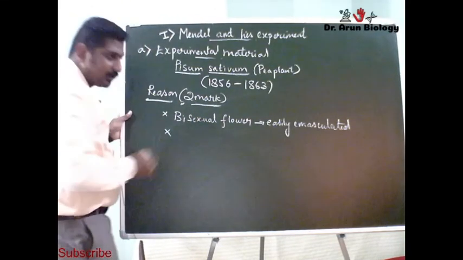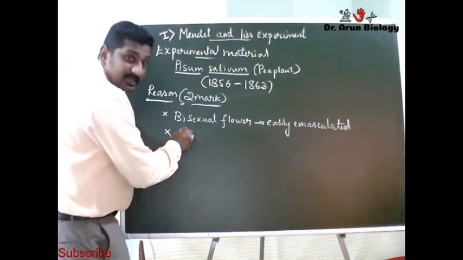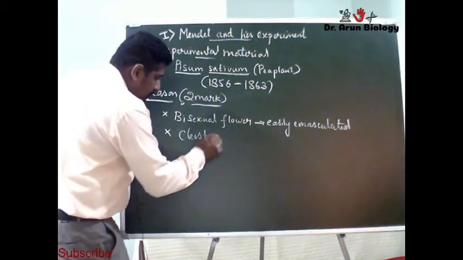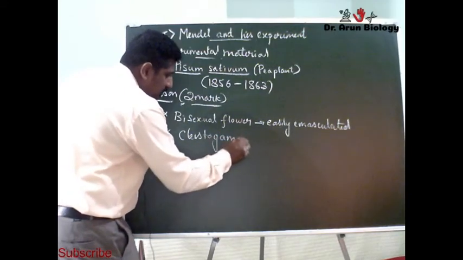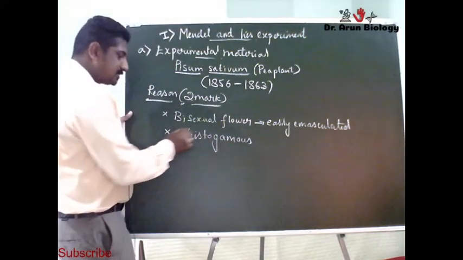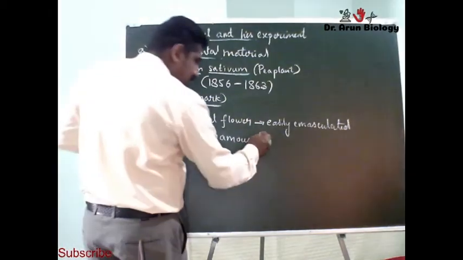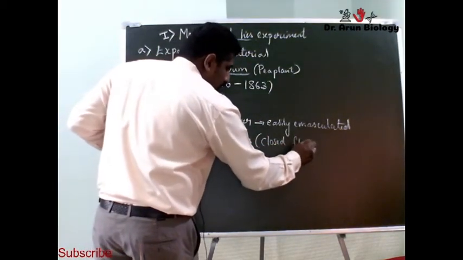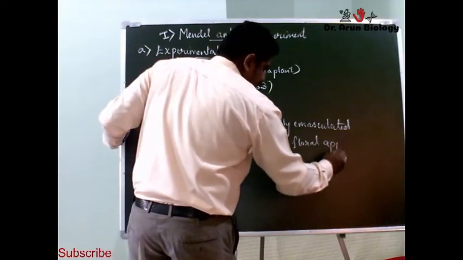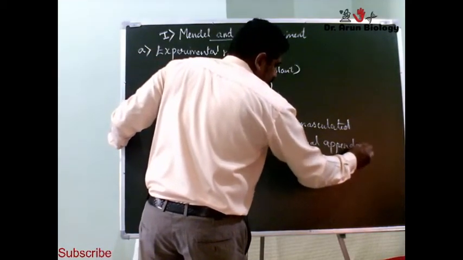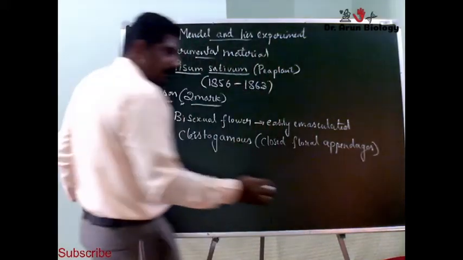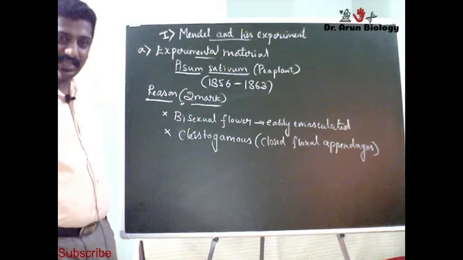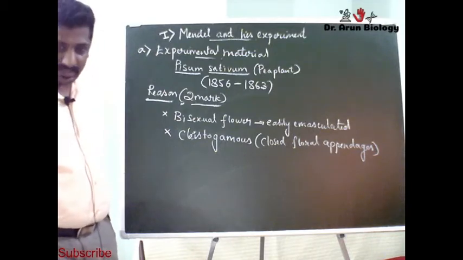The second important condition is these are cleistogamous flowers. Since they are cleistogamous flowers, they can produce assured seed sets because they have closed floral appendages. Since they have closed floral appendages, they can produce assured seed sets even in the absence of pollinators.